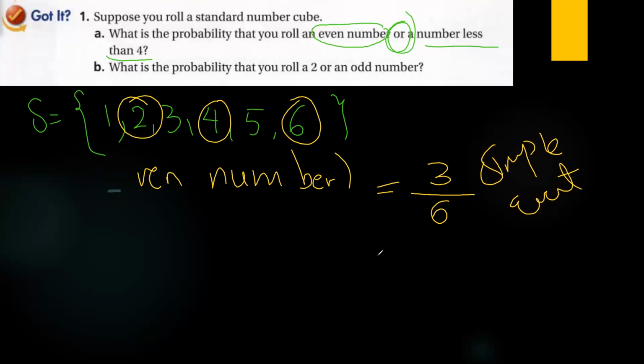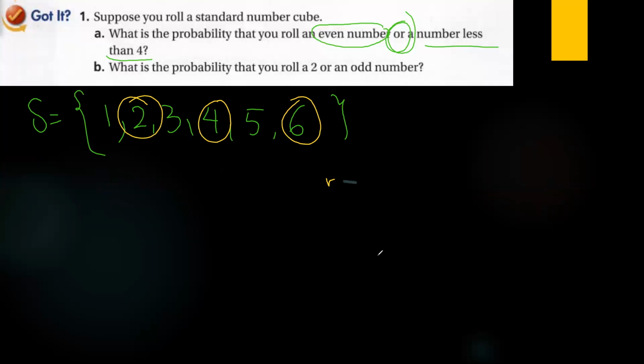But now here, look at the question. What is the probability that you roll an even number or a number less than 4? So here, how many events do we have? We have 2 events: even, yes, and less than 4.